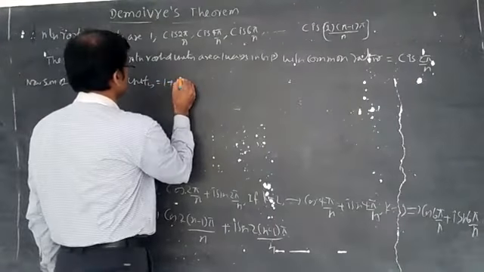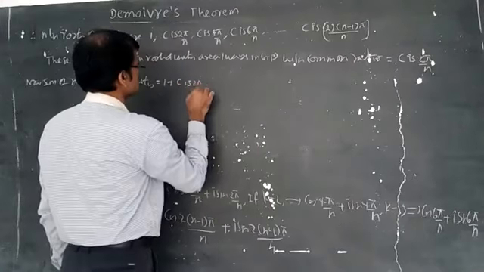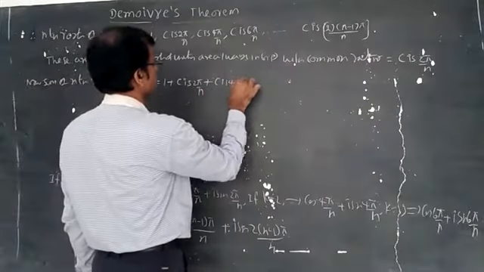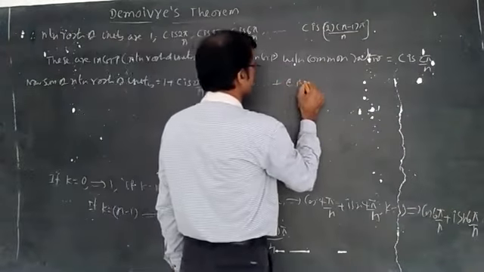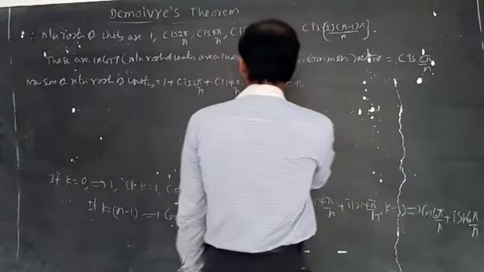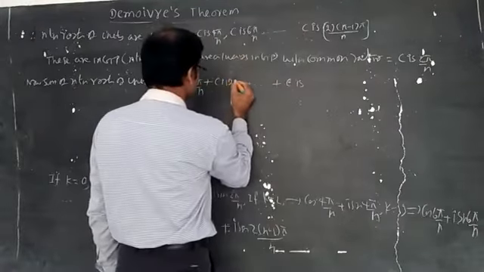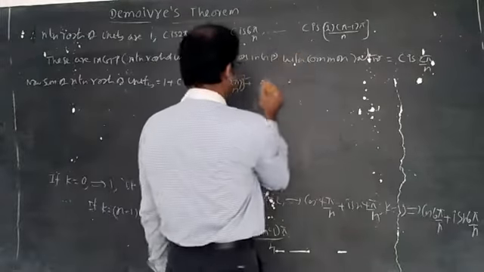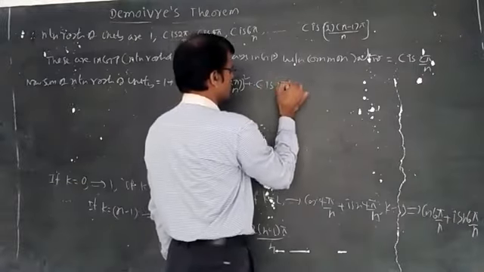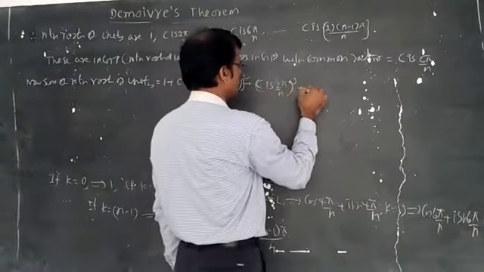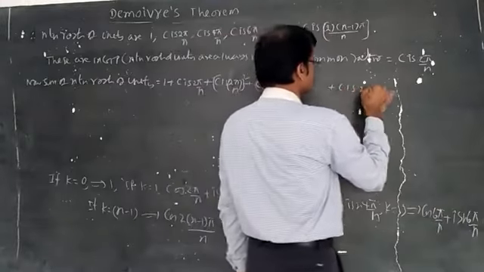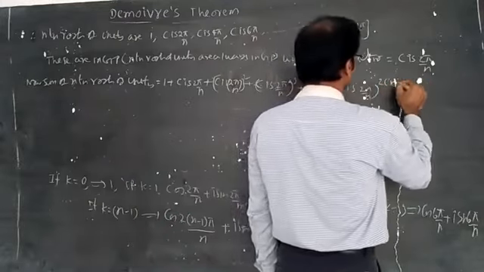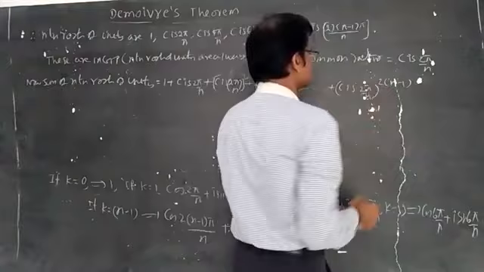Sum of nth roots of unity: 1 plus cis 2 pi by n plus cis 4 pi by n, and so on, plus cis 2 pi by n whole square, cis 2 pi by n whole cube, up to cis 2 pi by n whole power 2 into n minus 1.